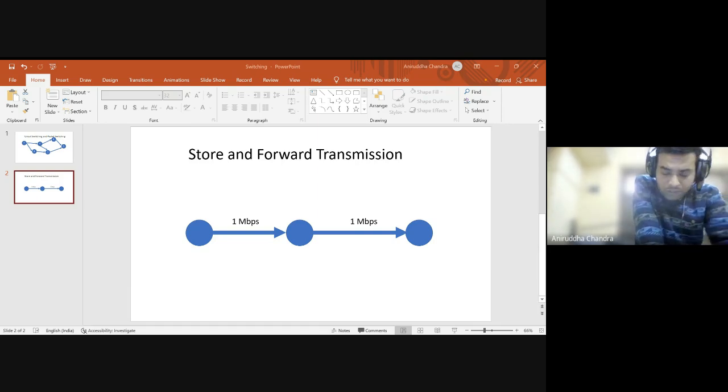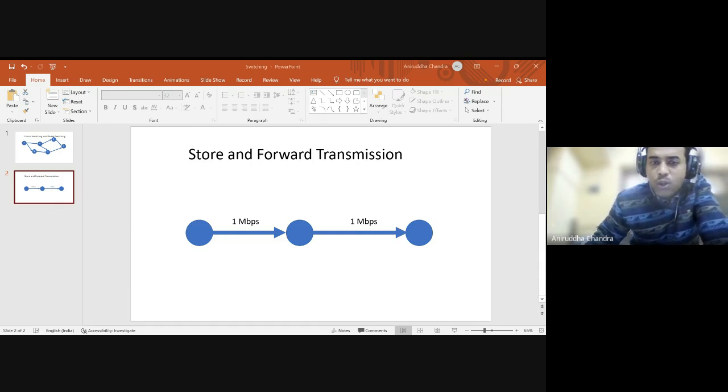Well, that might not seem very revolutionary at the beginning, but let us do some simple calculation and then probably we can get a glimpse of this. Okay, so in this slide, I am showing you a simple network with 3 nodes. There is a first node, which is the source.